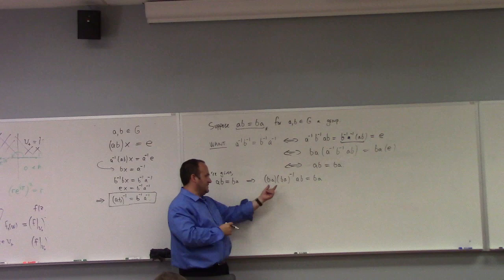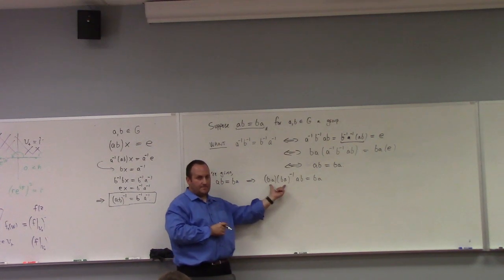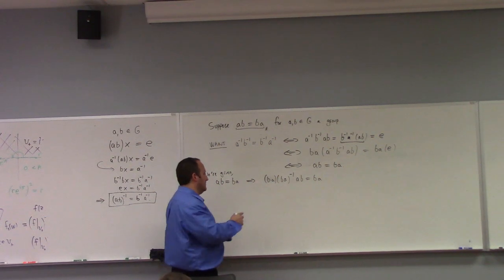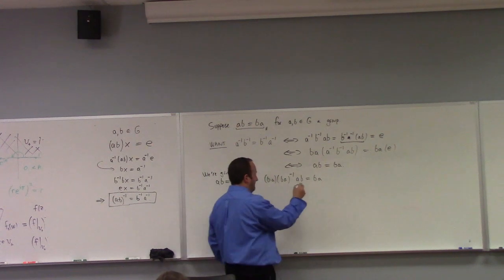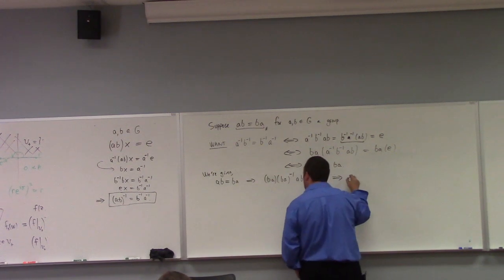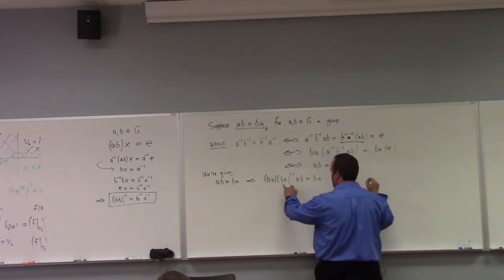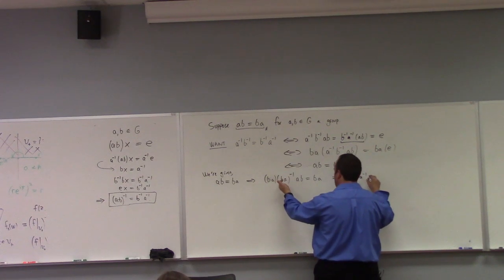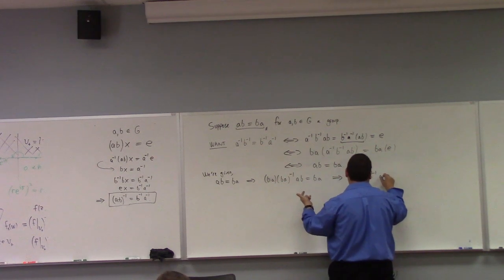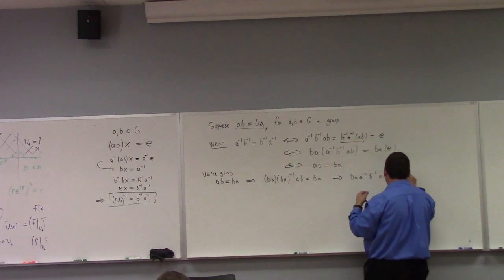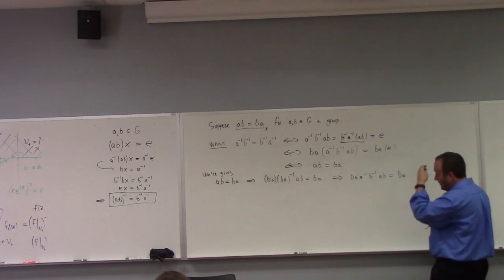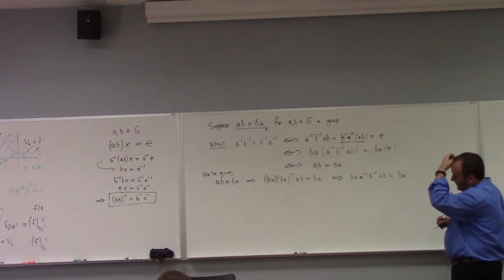We can do that because this is just the identity, right? But then that implies that BA, and then by the Sock-Shoes rule, that's A inverse B inverse times AB equals BA. I'm sure there's an easier way to prove this. And then that implies what?